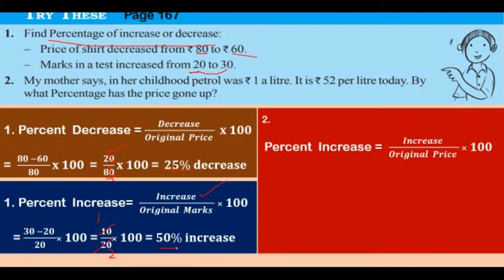So increase is from 1 to 52. 52 minus 1, that is 51 rupees is the increase. Original price was rupees 1. Multiply by 100 to get the percent. So 52 minus 1 is 51 upon 1 multiplied by 100. It is 5100% increase. So what percentage has the price gone up? The price has gone up by 5100%.